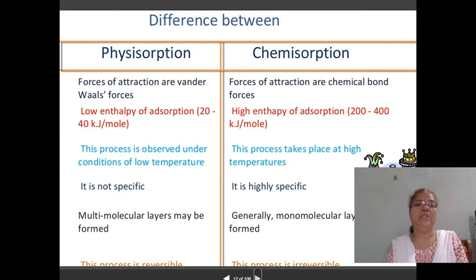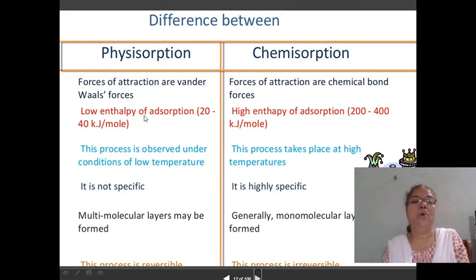Here the first point, in physisorption the forces of attraction are van der Waals forces, and in case of chemisorption the forces of attraction are chemical forces or chemical bond forces.